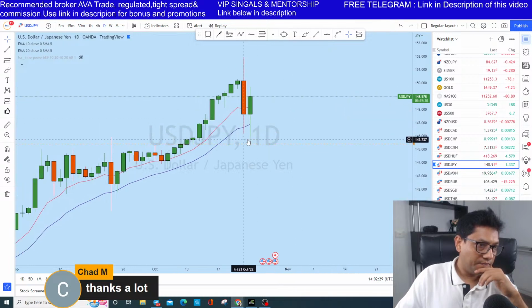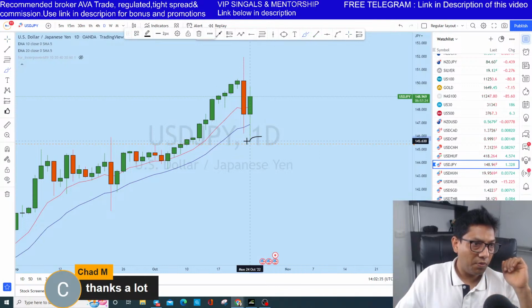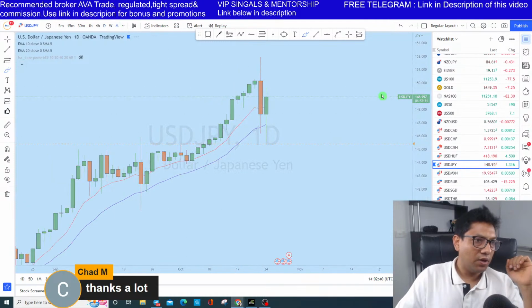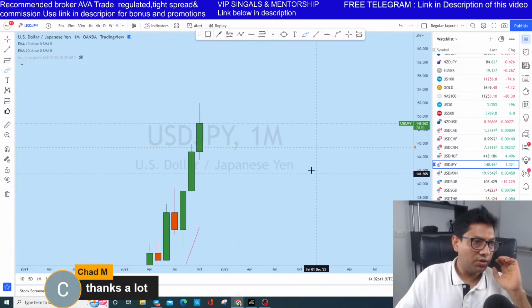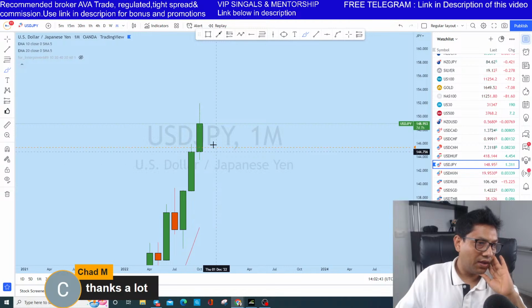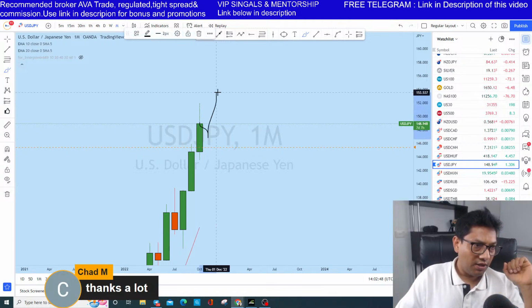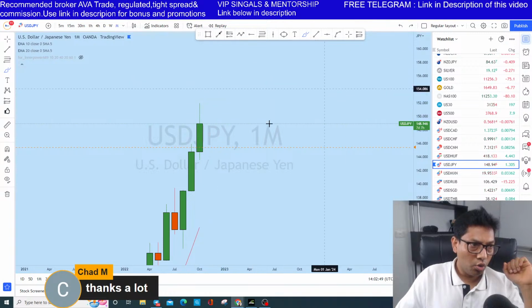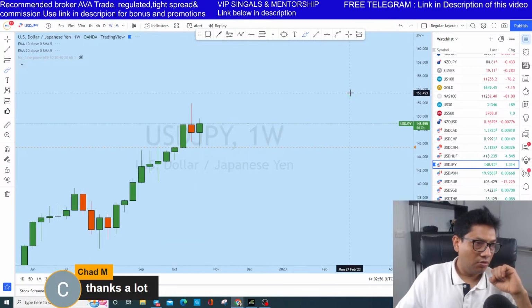If you see, this is the daily chart, in fact this candle is preparation for a bigger move to the upside. Okay, the reason is if you look at the monthly, you see already on the monthly the candle is bullish. What I think is that before monthly close we could potentially see this price action start to go up.